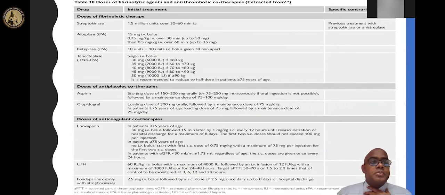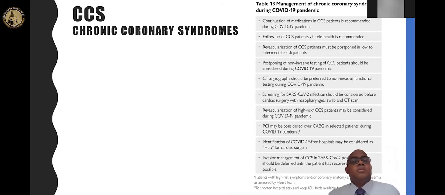I'm not going to touch upon these doses, but please remember tenecteplase is given according to body weight, where the minimum dose is 30 milligram if less than 60 kilogram, and if more than 90 kilogram, it's 50 milligram as a bolus dose.